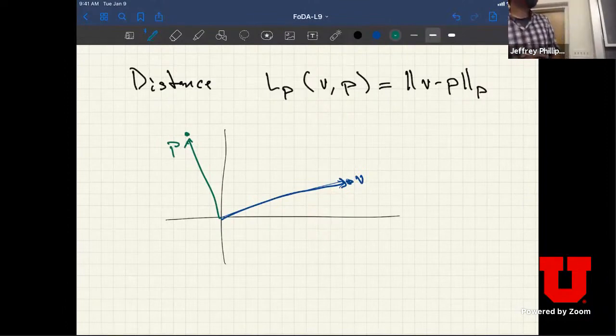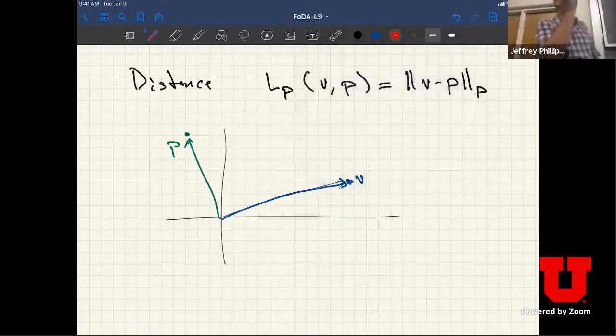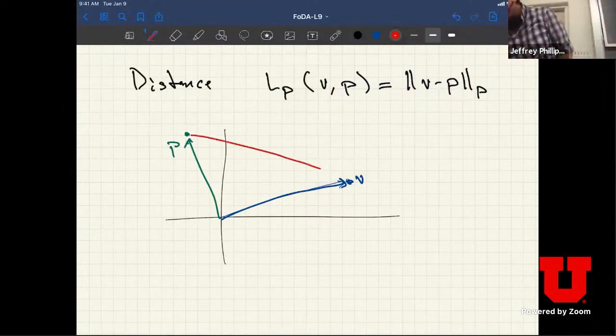Well, let's do the L2 norm. This is easier to think about. You could use one of the other norms, but let's just do the L2 norm. The distance between them, I should think of them now as points. And the distance between the points is just this length here. So why does it make sense to write it in this way?